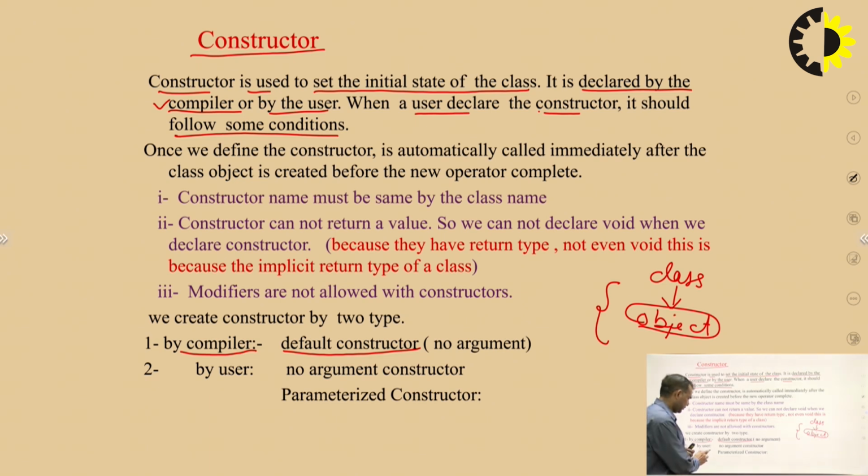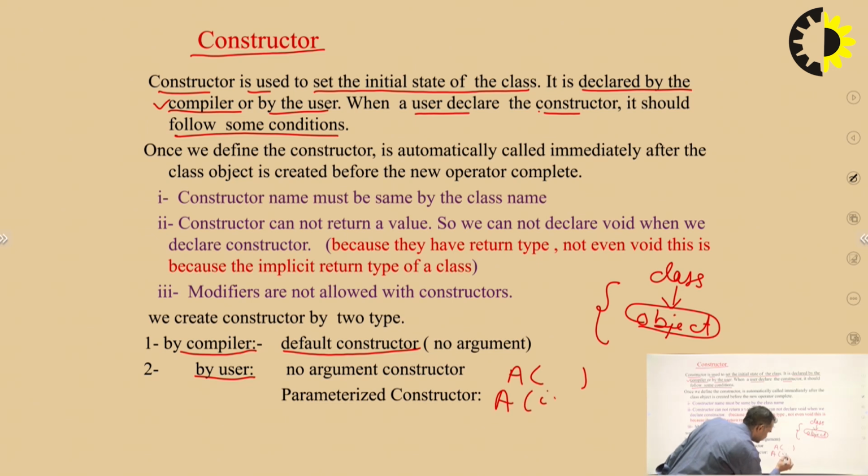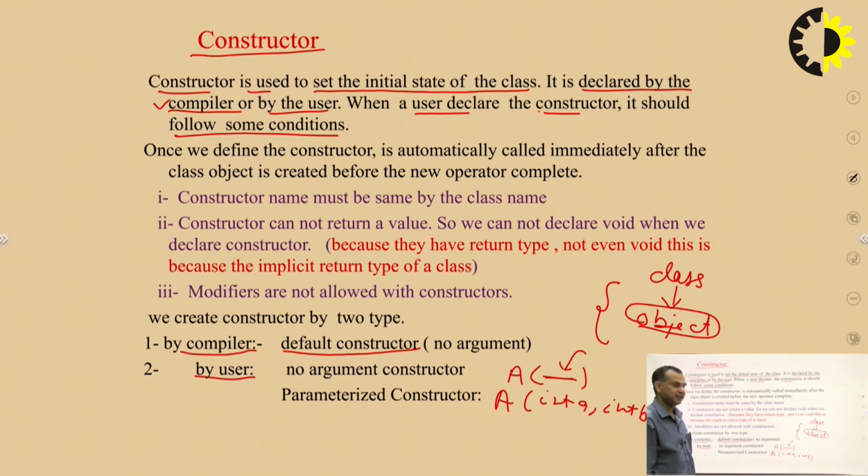Second one, if it is defined by the user. So there are 2 types of constructor. Suppose the constructor name is this, so we declare it like this. When a user declares a constructor with 0 arguments, it has no arguments, so that is known as the no argument constructor.